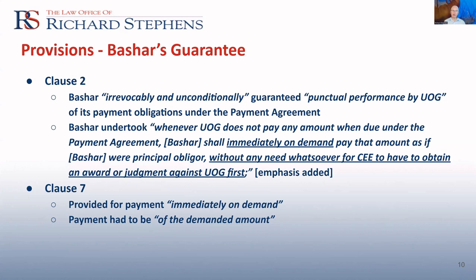If you looked elsewhere in the documents, I've given two examples here, the judge gave lots. Payment immediately on demand, payment of the demanded amount. This is how common, how prevalent this little word has become. So again, what is it? Is it a demand guarantee, in which case Mr. Bashar simply has to cough up as soon as the demand is made? Or is it a guarantee in the true sense, in which case Mr. Bashar can only pay up when there is proof of the underlying breach by UOG of non-payment?